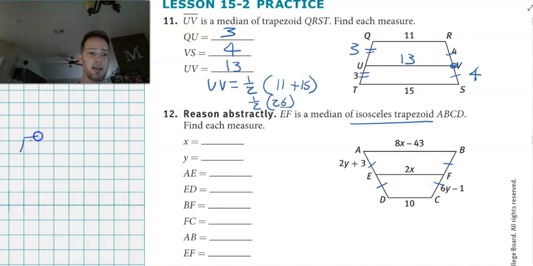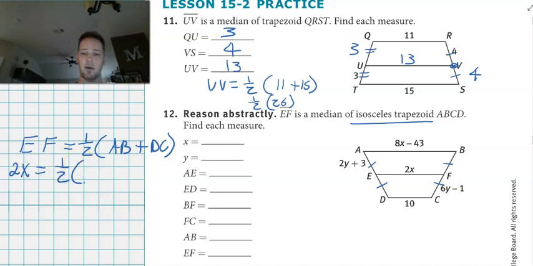It says that EF equals 1/2 of the sum of the two bases AB plus DC. Plug in, I get 2x equals 1/2 of the sum, 8x minus 43 plus 10.